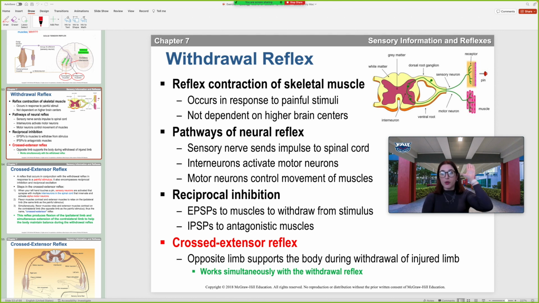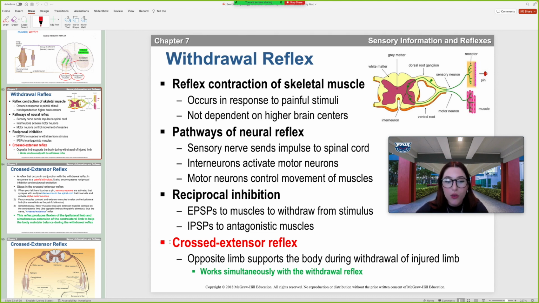So if I put my arm down on a hot stove, it's going to excite the muscles responsible for pulling away from that stimulus, and it's going to inhibit the muscles that were used to put the hand on the hot stove, right? It's reciprocal inhibition. We're exciting some and inhibiting others.